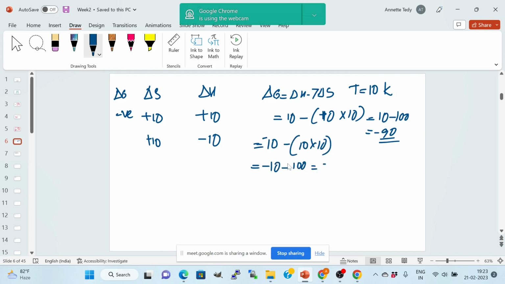In this case also, it is, no, not minus, minus 110, right? In this case also, delta G is negative. So in both these cases, delta G is negative. In both cases, we can see that T delta S is greater than delta H, right? Is it clear, this part?